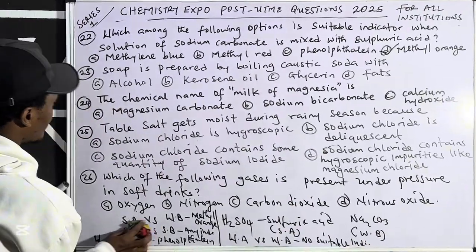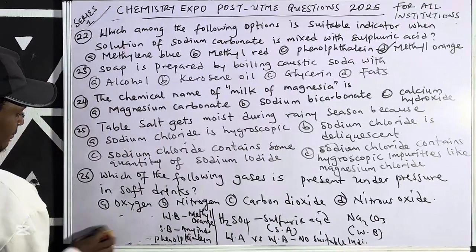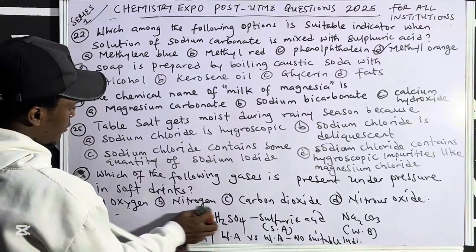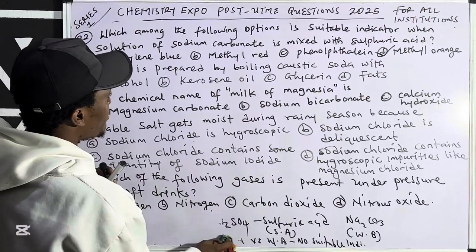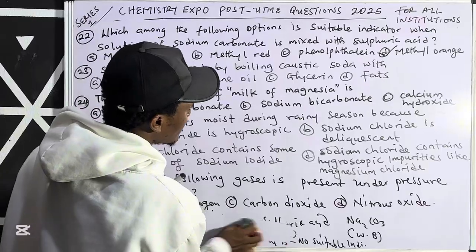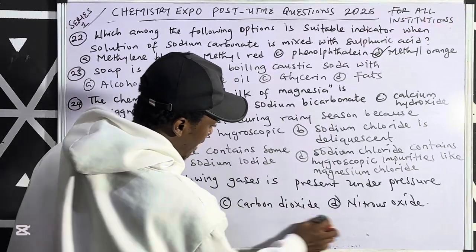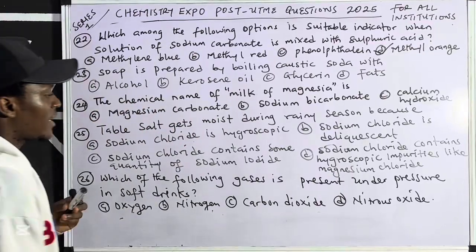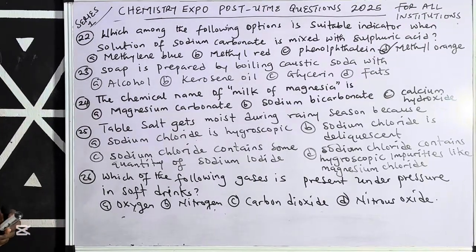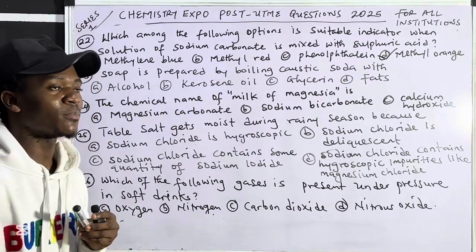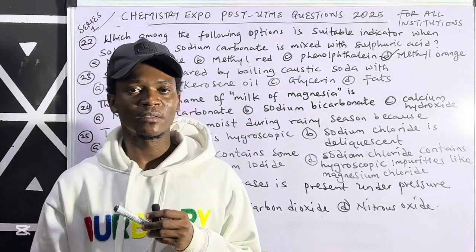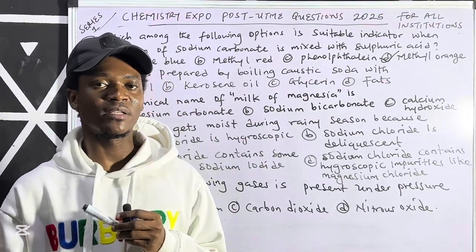So the next question, question 23. In question 23, we were told that soap is prepared by boiling caustic soda with dash. Now, this question is coming from saponification, that's the soap production in organic chemistry.